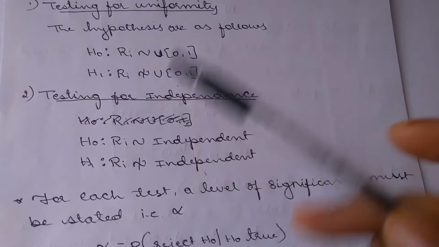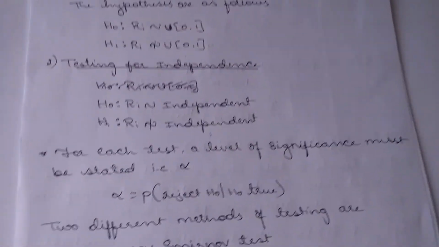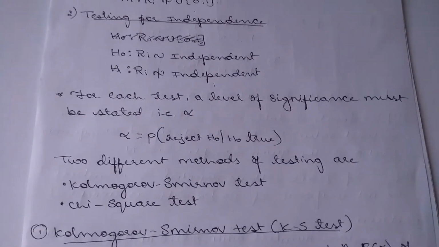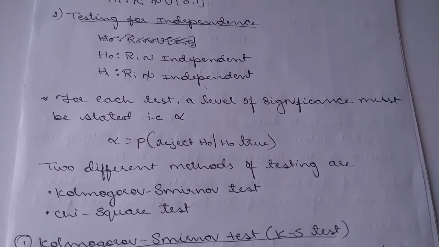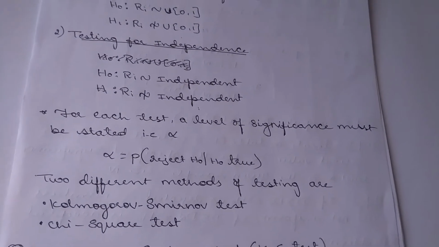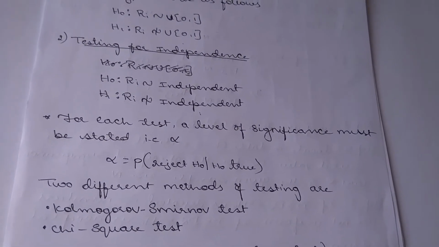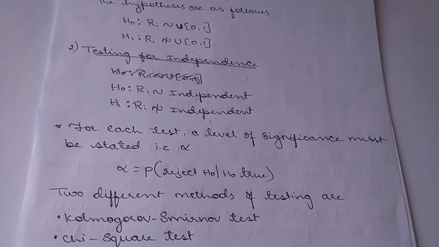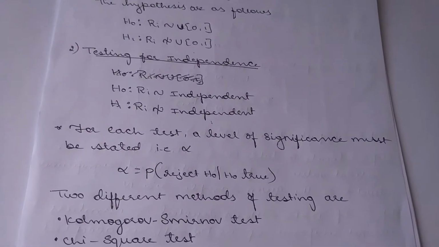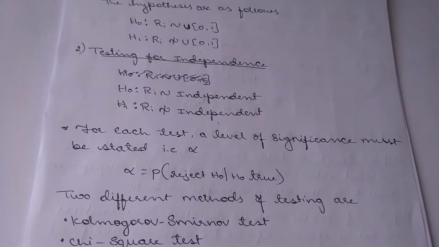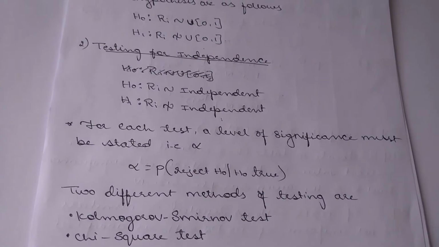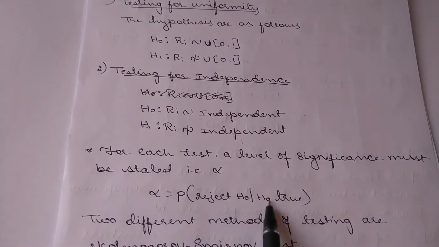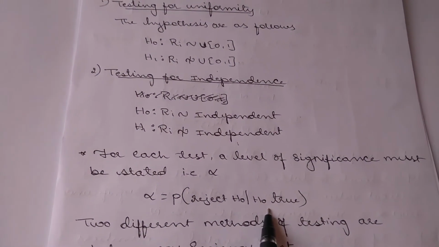For each of these tests for uniformity and independence, we need the level of significance to be stated, which is called alpha. Alpha is the probability of rejecting the null hypothesis when the null hypothesis is true.